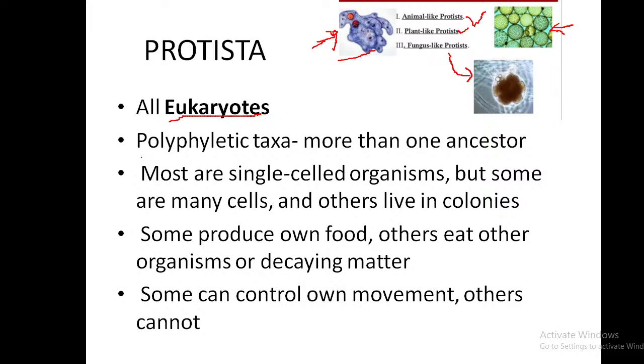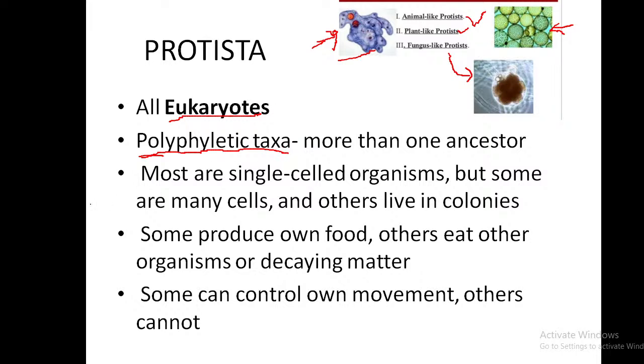Next, kingdom Protista is a polyphyletic taxa. I said taxa or taxon, which we have learned in a previous session. Poly means many, and phyletic means ancestral origin. So the organisms in Protista show characters of organisms from more than one taxa. That is what polyphyletic means. So protists are eukaryotes, and protists are polyphyletic, showing characters of multiple groups: animal-like, plant-like and fungus-like characters.